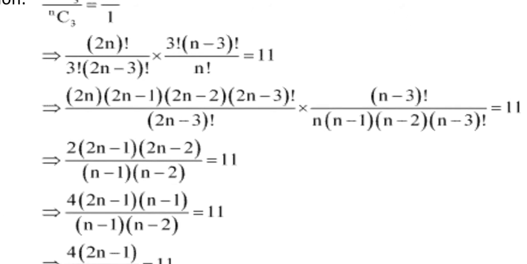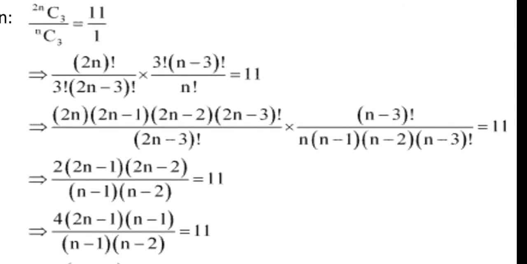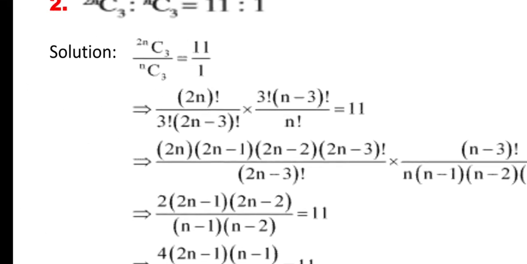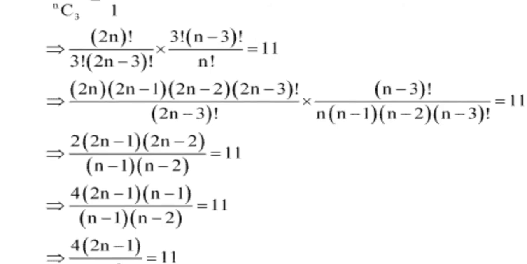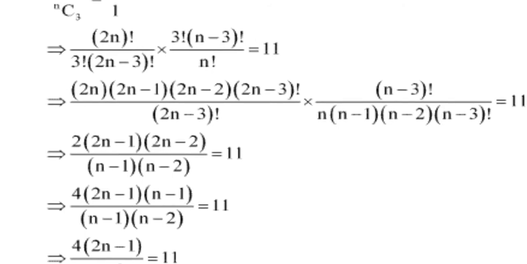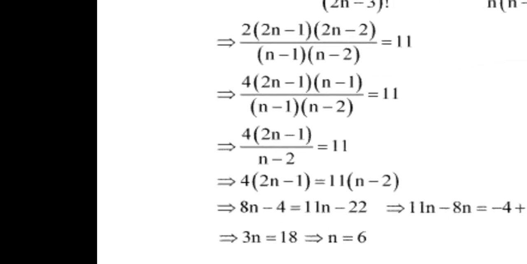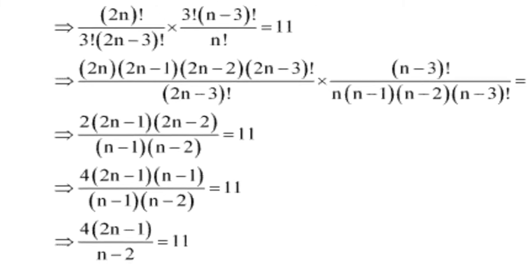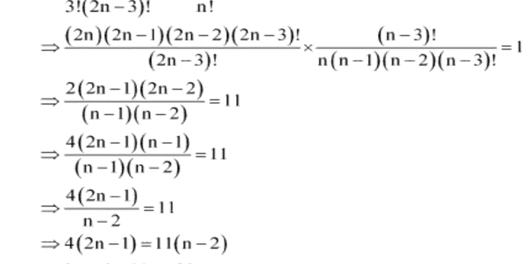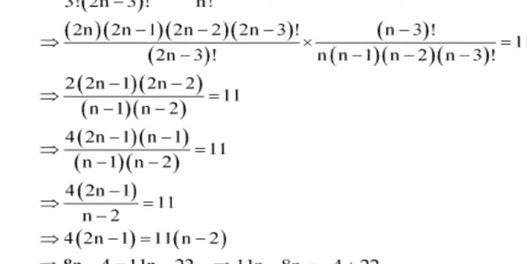Now you can see that many terms get cancelled. Factorial 2n minus 3 gets cancelled, and factorial n minus 3 gets cancelled, and here n gets cancelled.